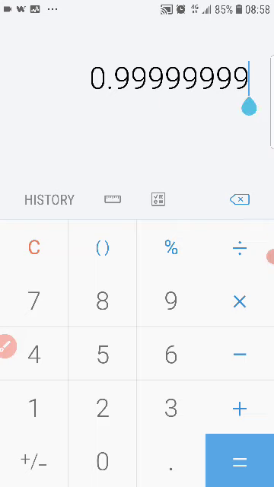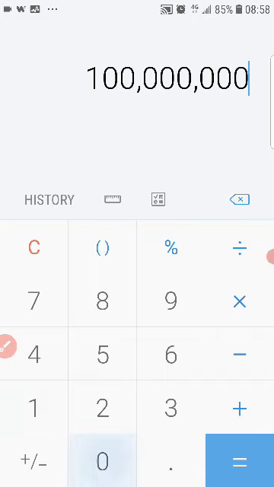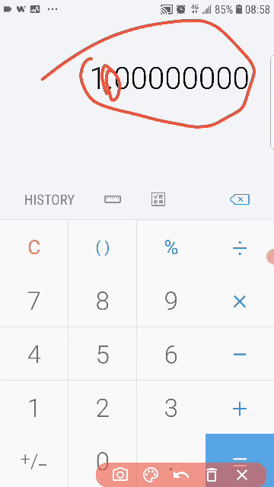Then if you add one to it, automatically it becomes 100 million Satoshi. So what you need to do is just put a dot here. This is what you have, 1 Bitcoin. So this is how to calculate your Satoshi.